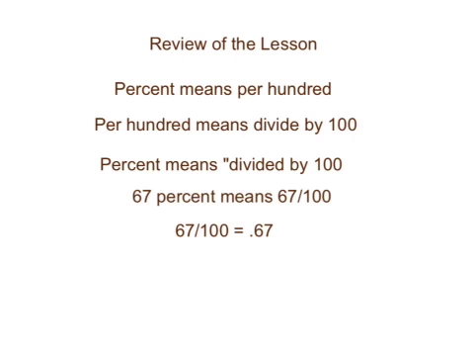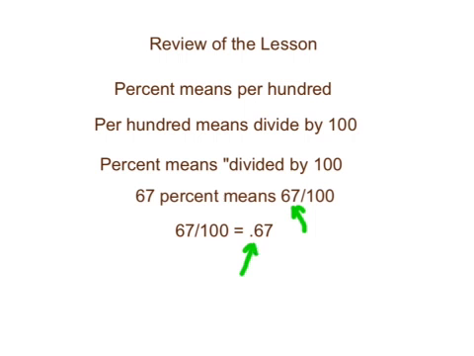And you can convert 67/100ths as a fraction to 67/100ths as a decimal by taking the 67, that's this number, and moving the decimal point over 2 places to the left, and that's how it ended up here in the decimal equivalent of 67%. 0.67 is the decimal equivalent.